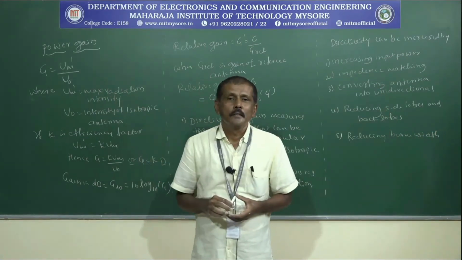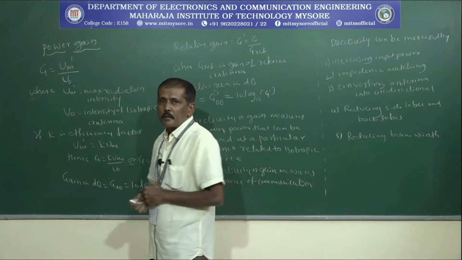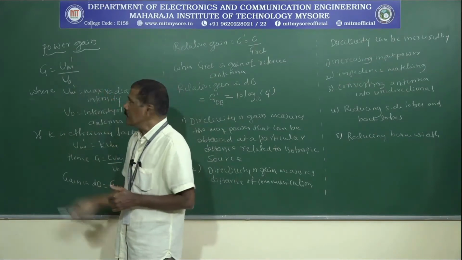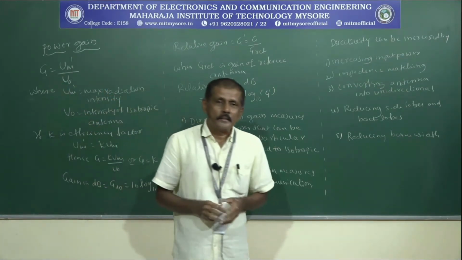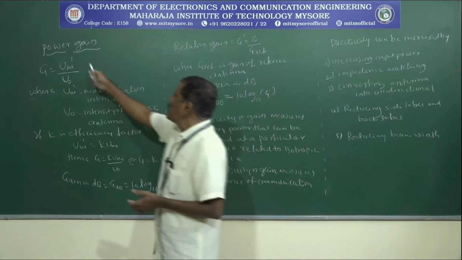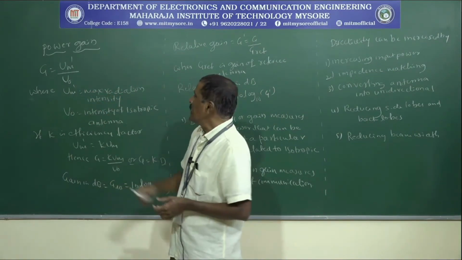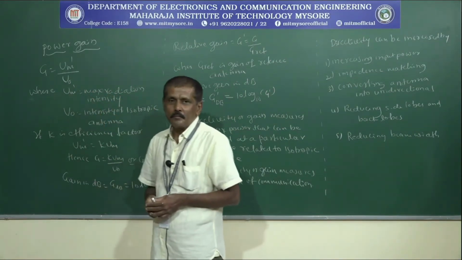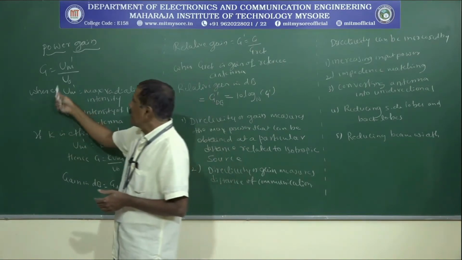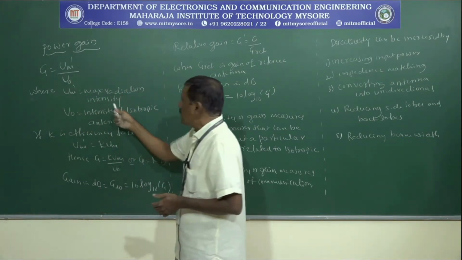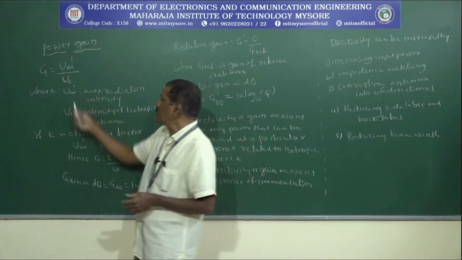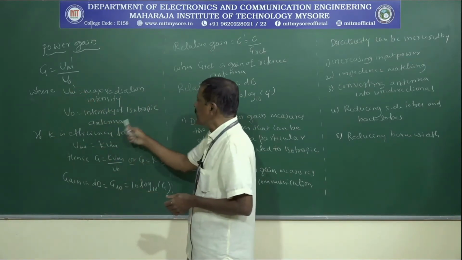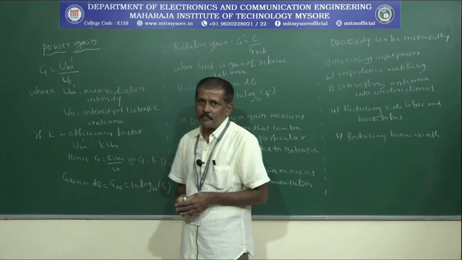Let us consider one more term related to the antenna, that is power gain. Power gain is the ratio of maximum radiation intensity to the average radiation intensity, where Um dash is the maximum radiation intensity and U0 is the intensity of the isotropic antenna.